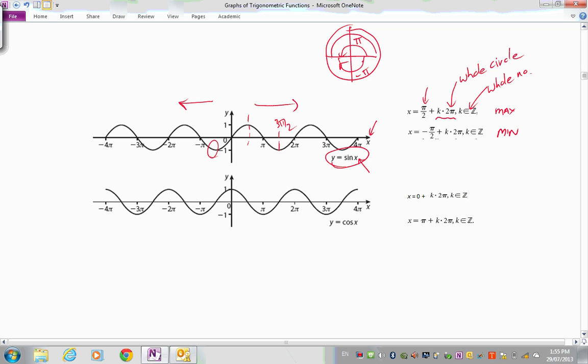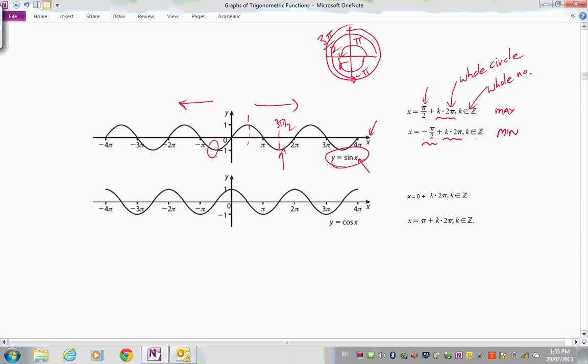But you could call this point around here positive 3 pi over 2. That's another way of doing it, because that's what we're doing here. And it would be down to a minimum. So when is it a minimum? When the value of x is neg pi over 2, or any addition of a whole number of multiples of 2 pi.